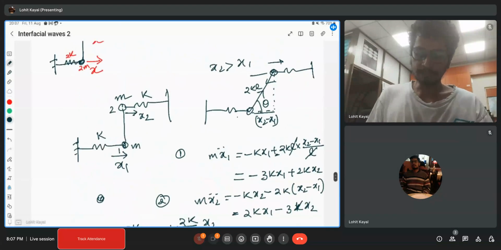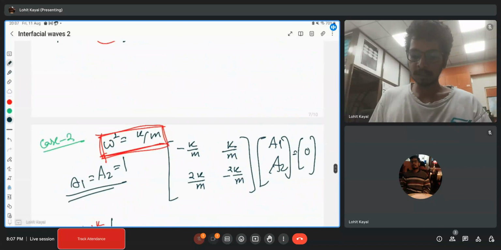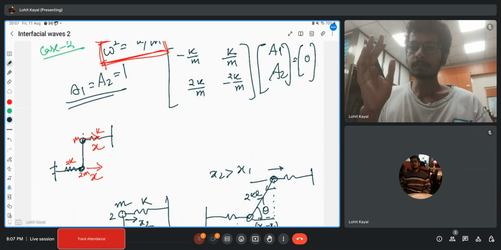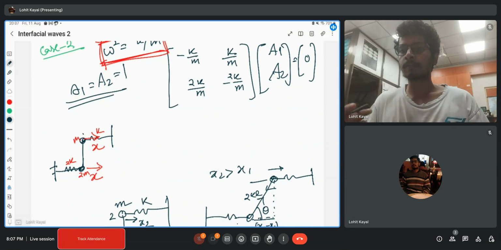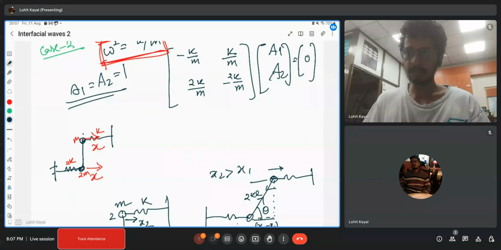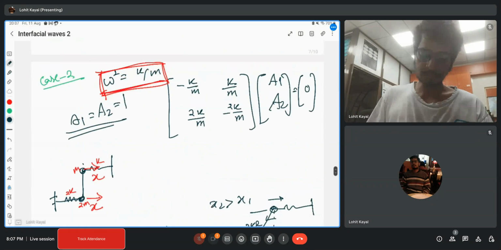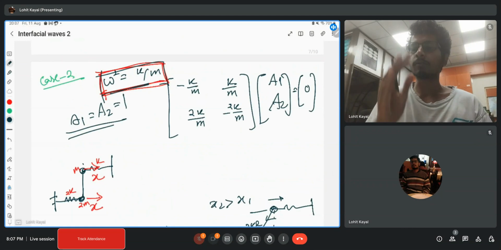But when the system is not symmetric, like in the last class, you can predict your mode shapes, but it may not be accurate. Last time we also guessed that it will be either in the same direction or in the opposite direction, but we couldn't measure the value.